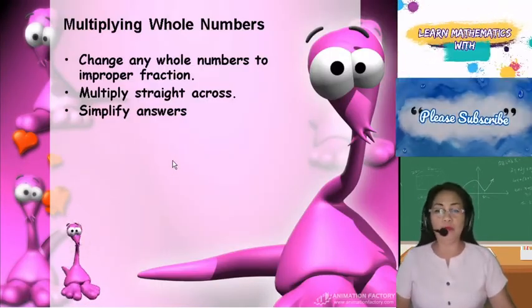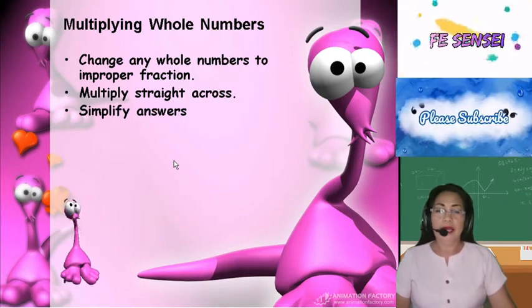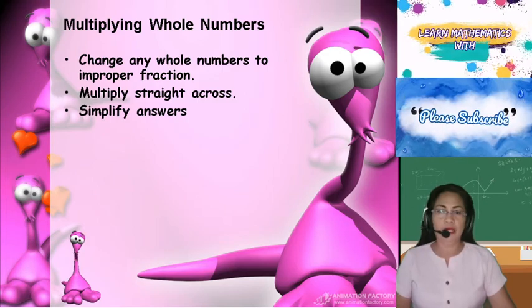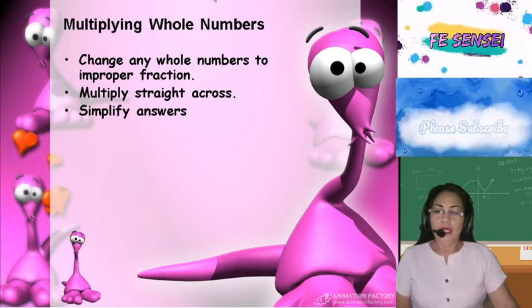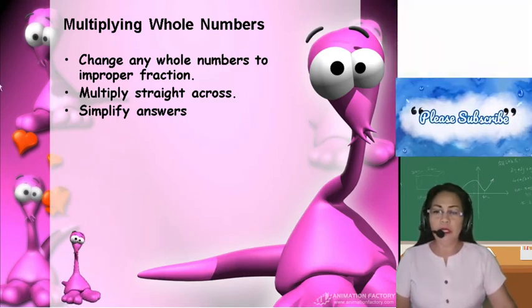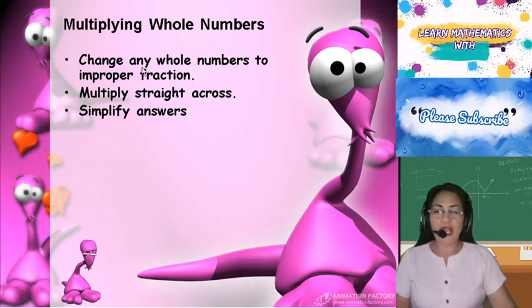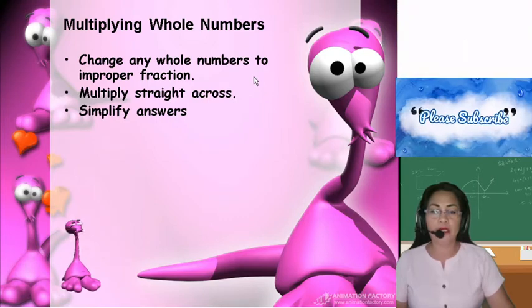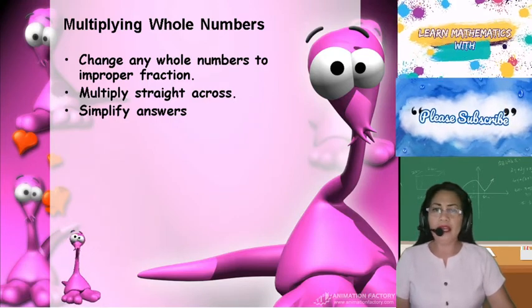Multiplying whole numbers and a fraction. This time it is a whole number. So in multiplying whole numbers, first step, you have to change any whole numbers to improper fractions.